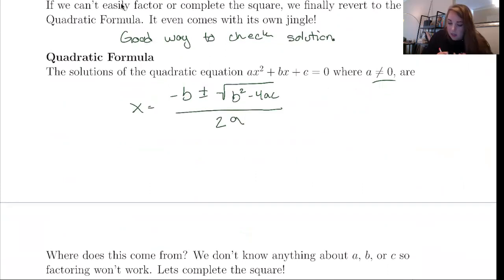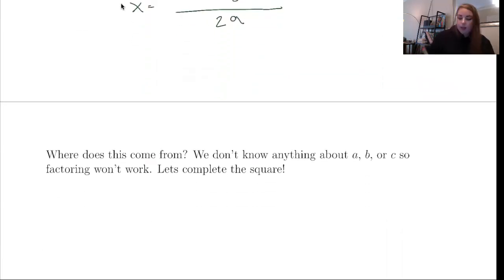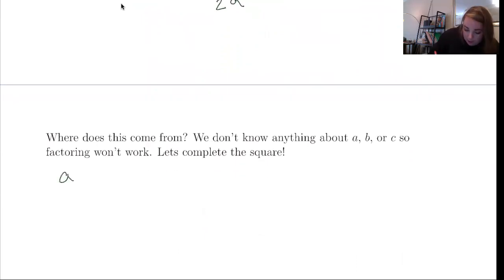We don't know anything about a, b, or c. So I can't just factor. My only other tool, as I'm trying to derive the quadratic formula, is to complete the square. So I have ax squared plus bx plus c equals 0.